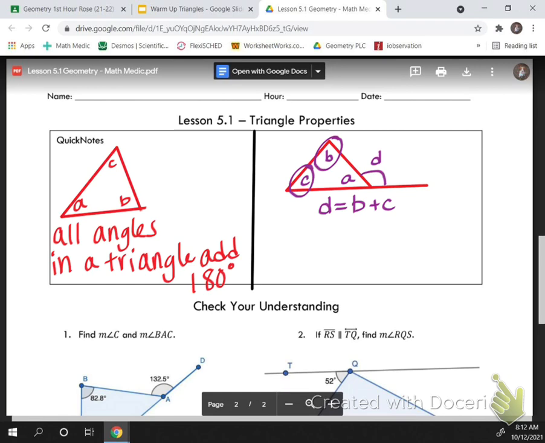So basically the exterior angle of a triangle is equal to the sum of the two non-adjacent interior angles.